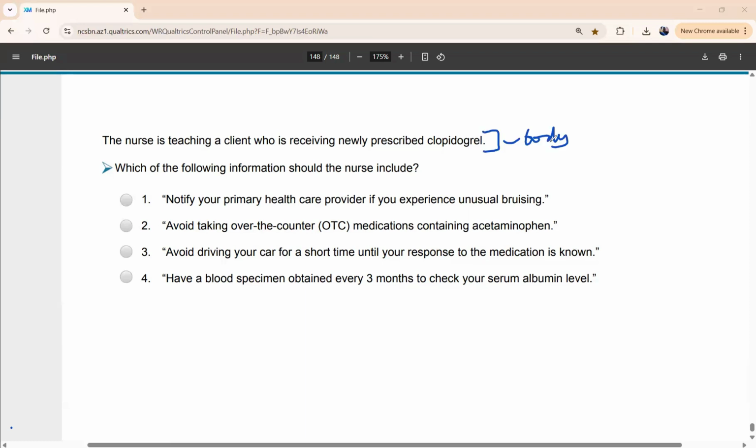That's where you get the content. The content is all about pharmacology and it's testing the concept of teaching and learning, which is right here. So you're about to teach a client who's receiving the prescribed clopidogrel. That is just the information. So what is the examiner asking me related to that information? This is the real question right now, which is the stem.